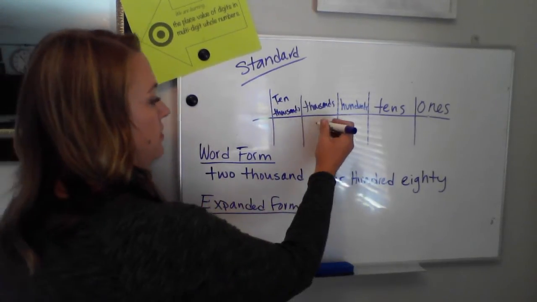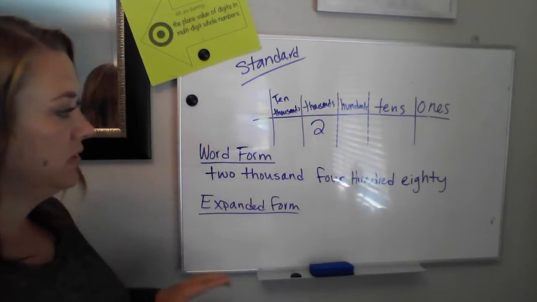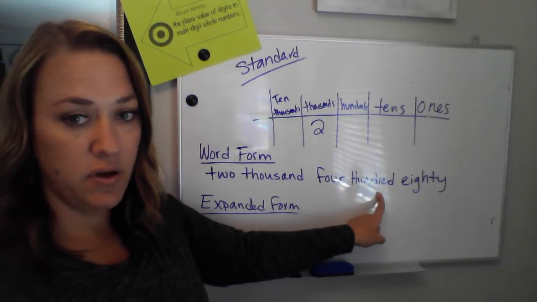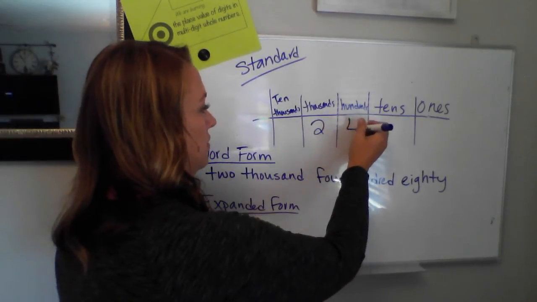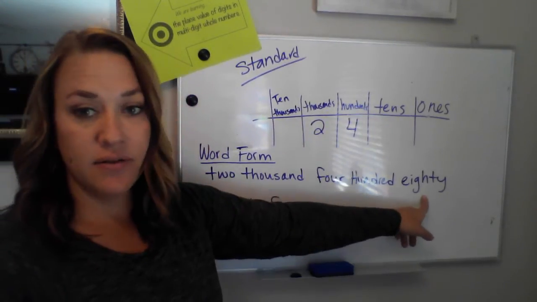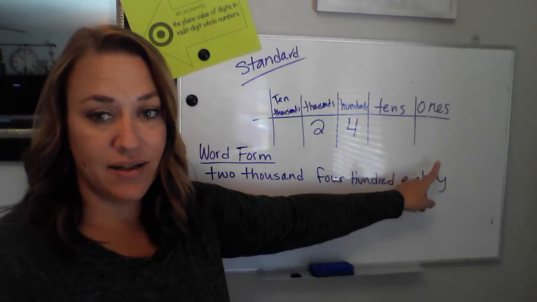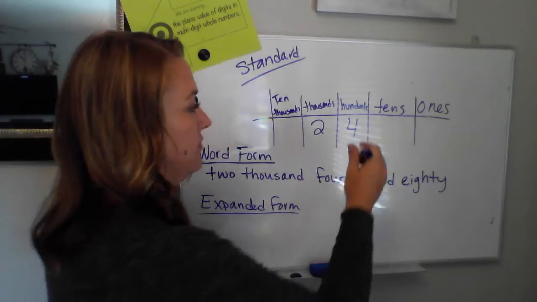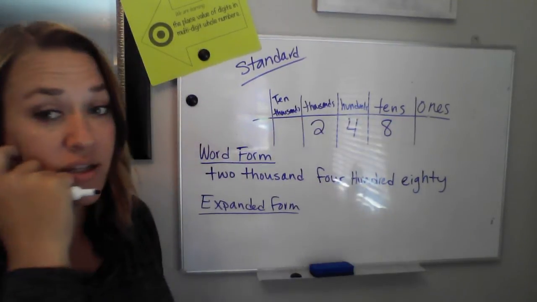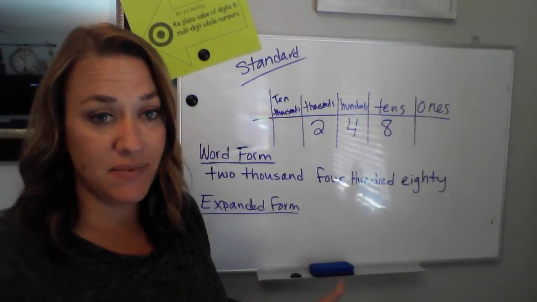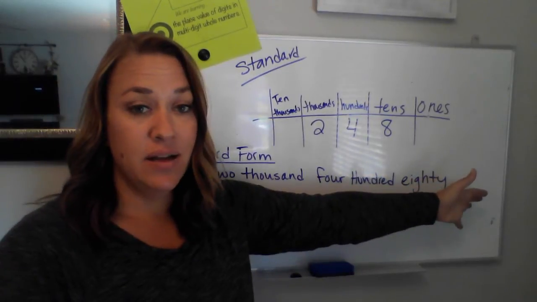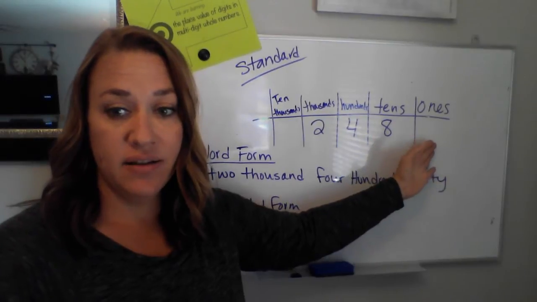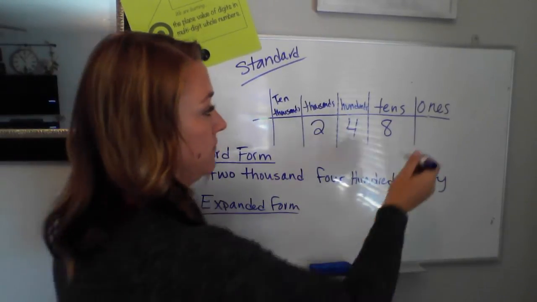So I know I'm going to have 2 thousands. 400. 80. If I have 80, that's not my ones. That means I have 8 10s. And then what needs to go in that ones place? We can't leave it empty. I don't have any ones, but I still need to put my 0 in there.